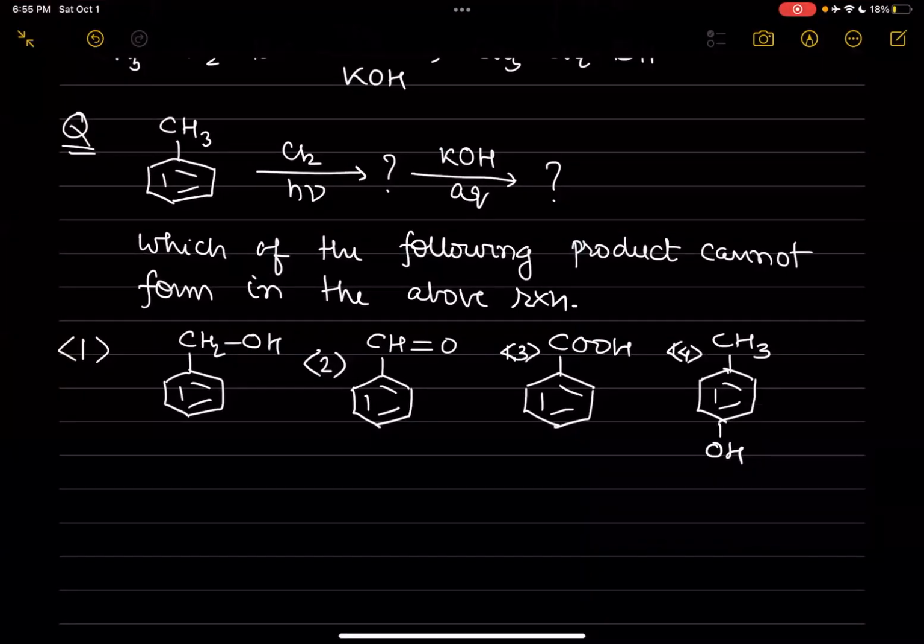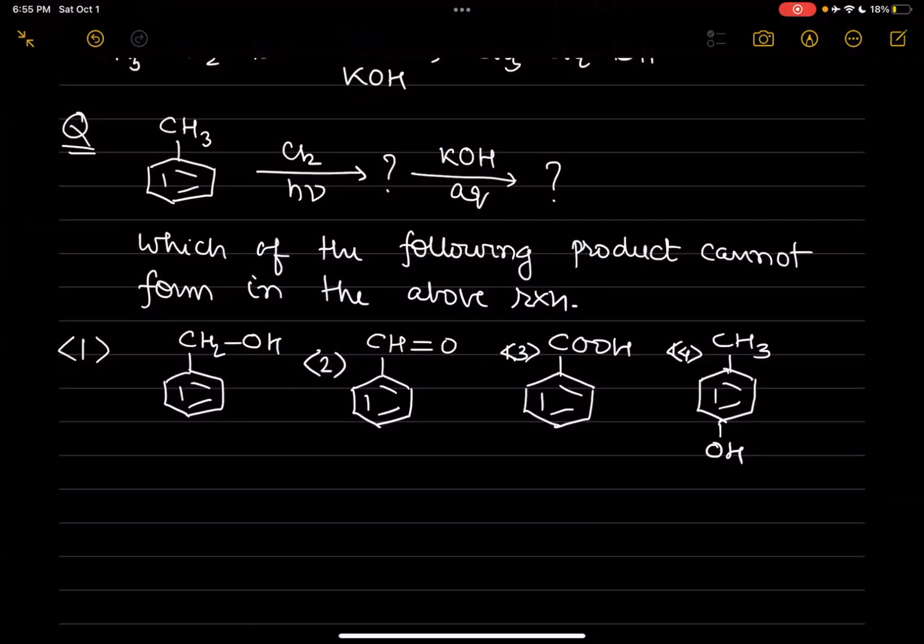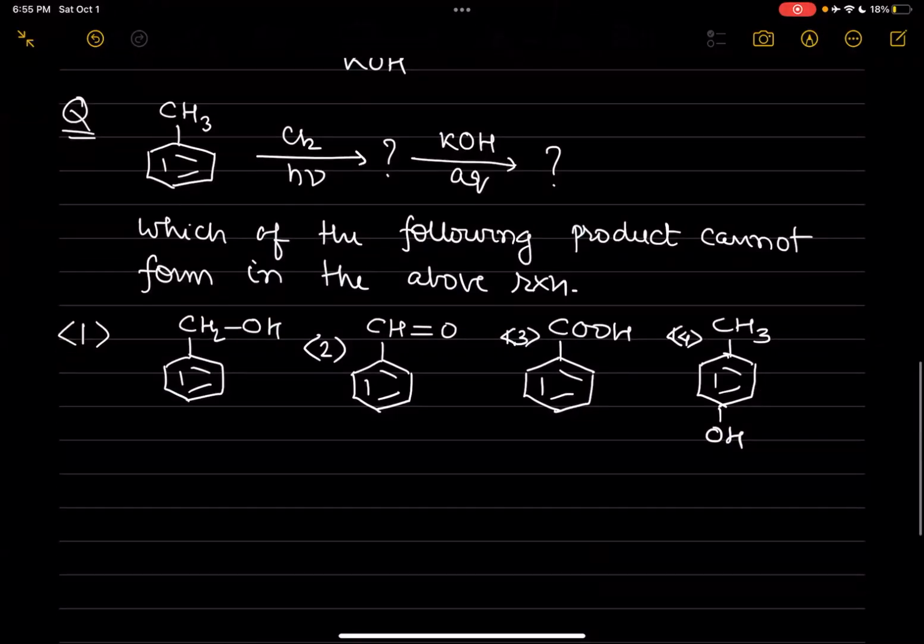I will give you a hint. It is not told to us how many times you did the chlorination. And the chlorination which you did is actually photohalogenation.